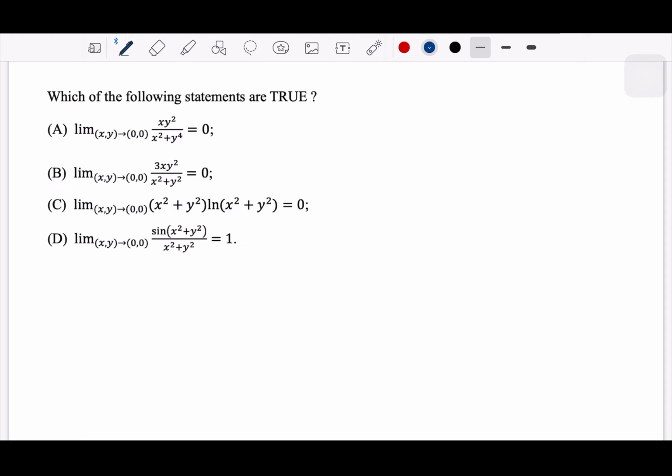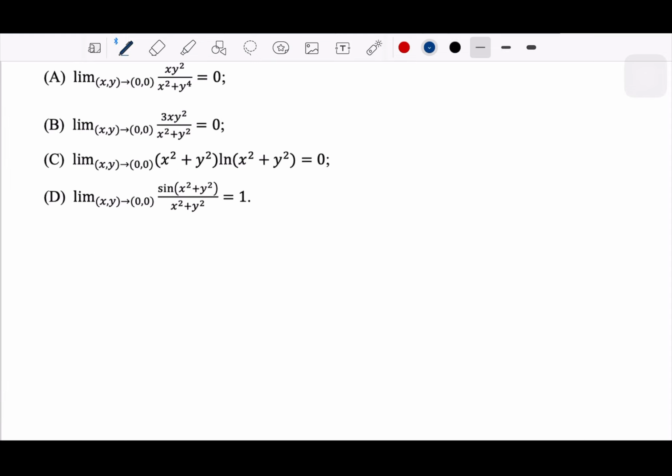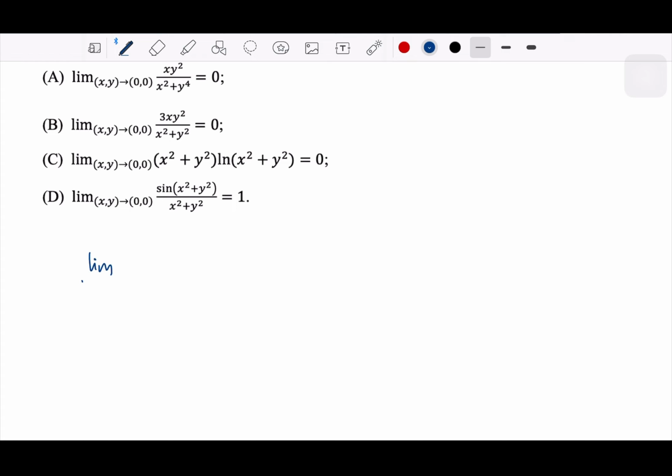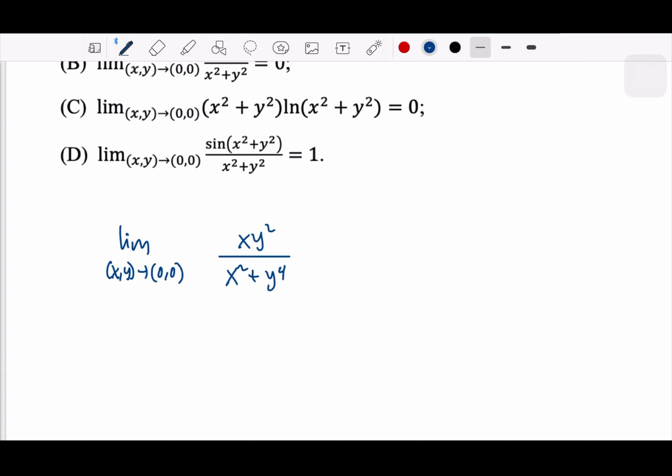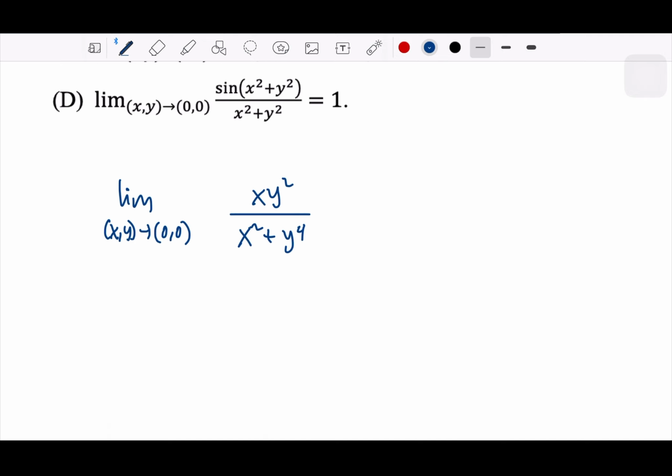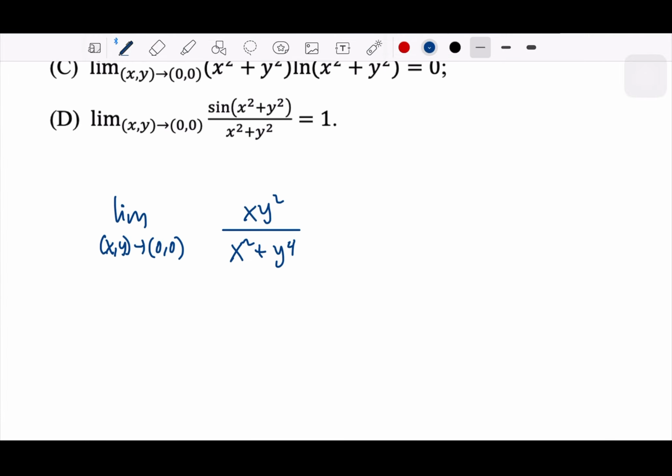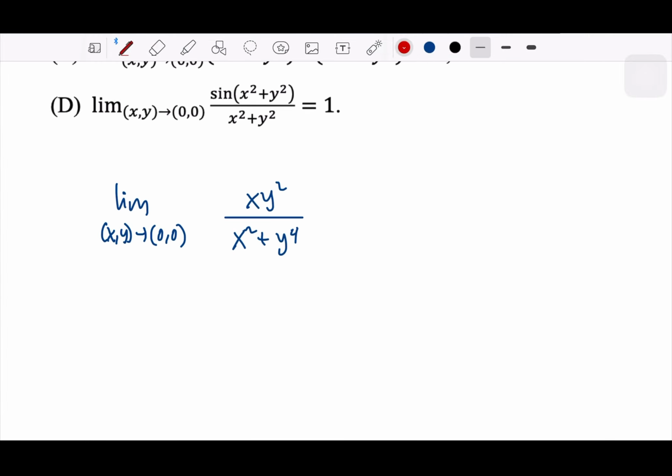Okay, now for statement A, let me write the limit as x, y approaching 0, 0 of x y squared over x squared plus y to the power 4. Now to imagine this statement, we can take a look at different paths.